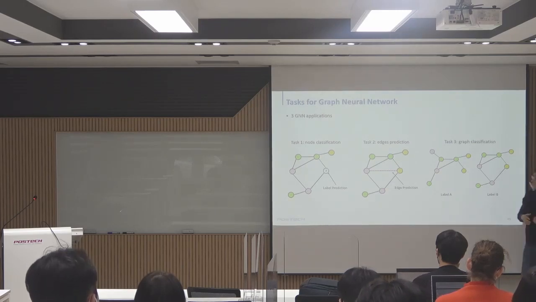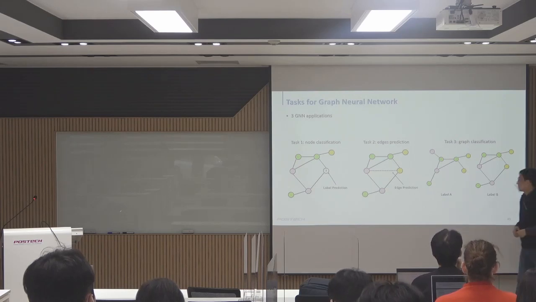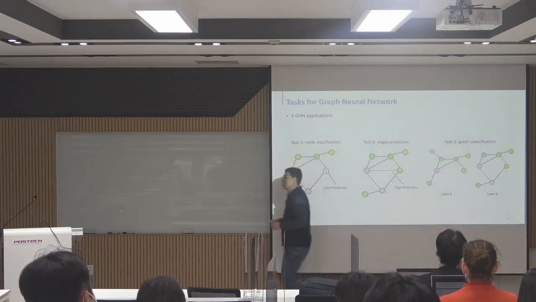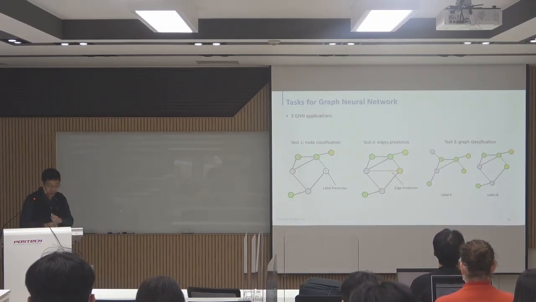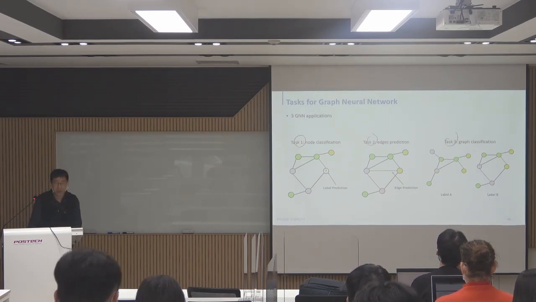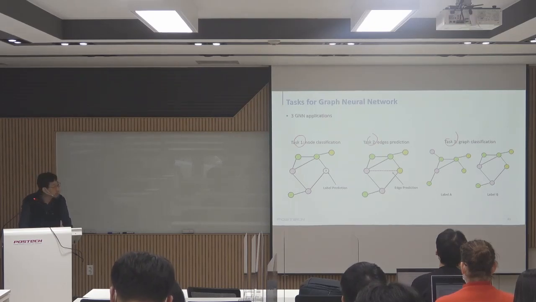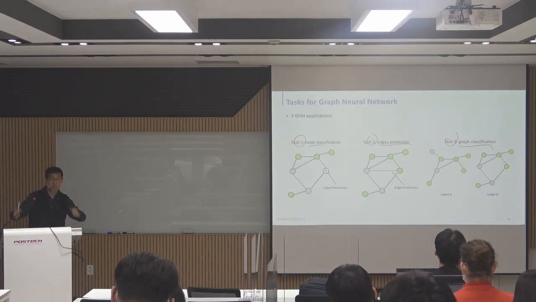I want to see whether it has more similarity to this one or to that one. So it's a graph classification problem. Of course, we might have other applications as well, but these are the major tasks related to GNN or GCN: node classification, graph classification, and edge prediction, whether we have an edge between two nodes or not.